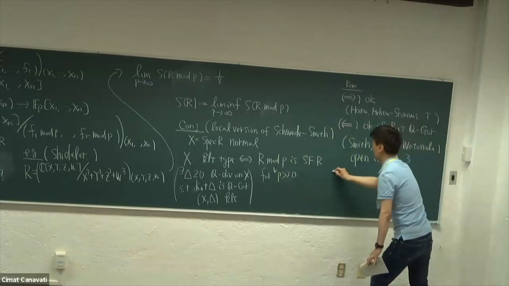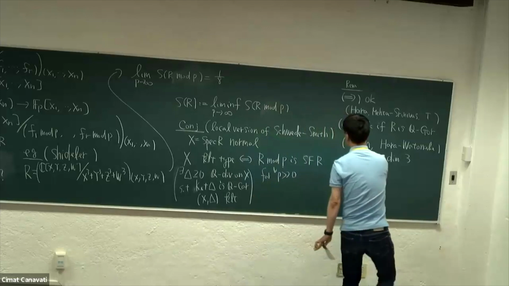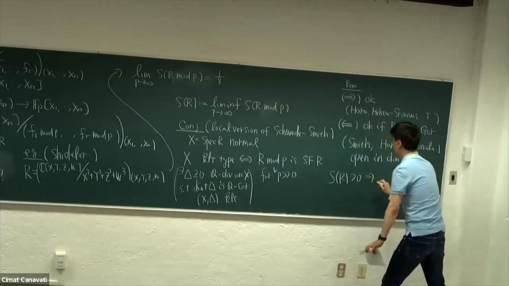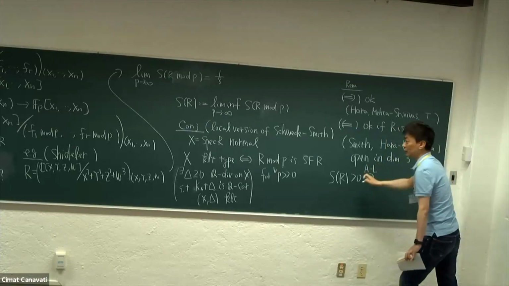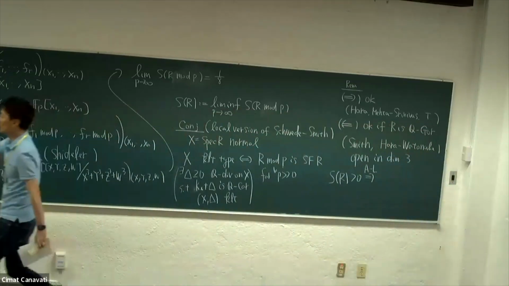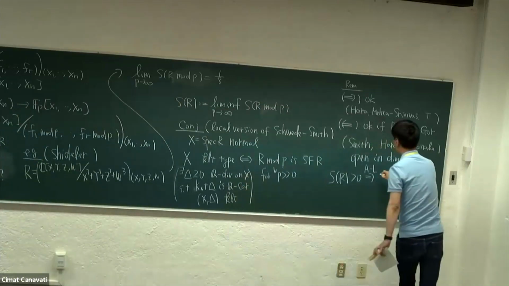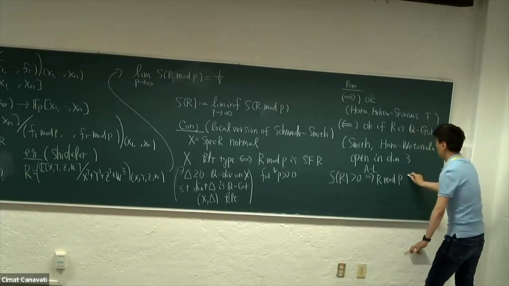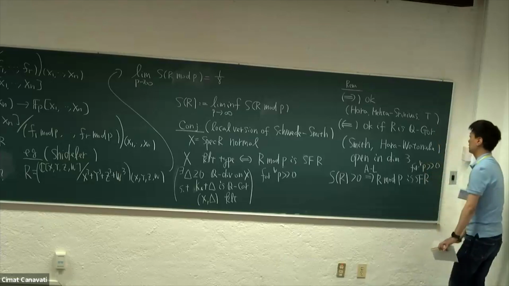Let me go back to this F-signature. If this F-signature is positive, then using the result of Aberbach-Leuschke, the modulo p reduction of R becomes strongly F-regular for almost all p, or all sufficiently large p.